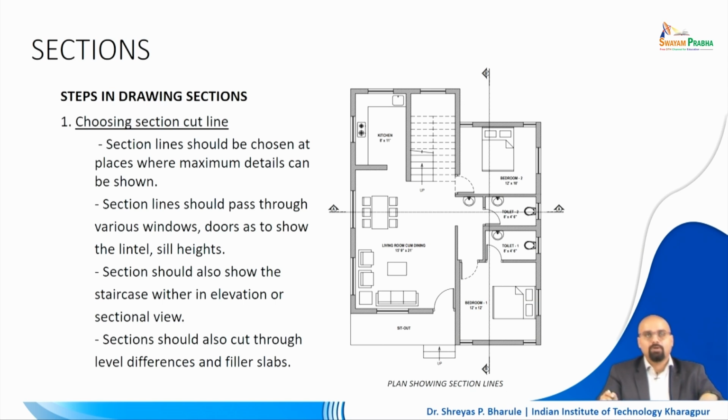Moving further, how do we draw a particular section? Here this will be the longitudinal section, and this will be the transverse section. In this particular case, if we are doing the AA section, then what all will we see? We will see this wall, this door space, the staircase, this wash basin, and this door getting cut.